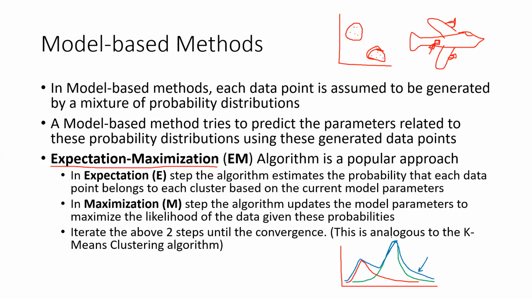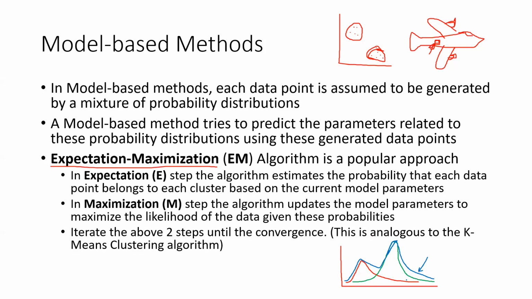What you observe are the data points relative to this blue color distribution, but underneath there can be two different distributions that generated it. So what we want to do is, using the data points of this blue color distribution, we are going to find the parameters and the proportions of this green color distribution and the red color distribution.